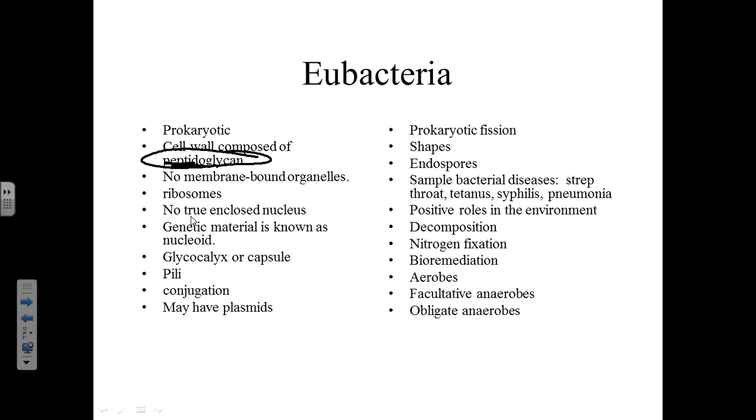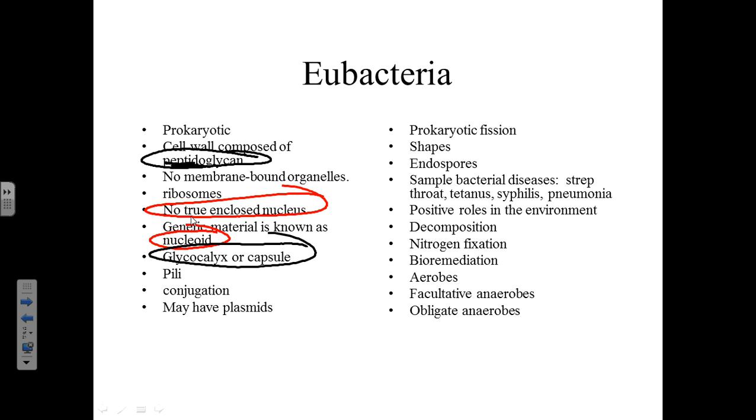They don't have any membrane-bound organelles, but they do have ribosomes. Their nucleus is not enclosed. Their DNA is just sort of floating around. It's called the nucleoid. And they also have that capsule or glycocalyx, which is sort of like a mucus coat on the very outside. And we said that protected them from bacteria's two main enemies, which were what?